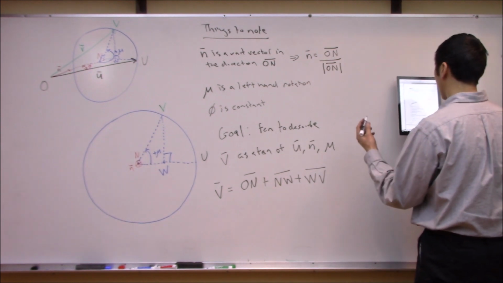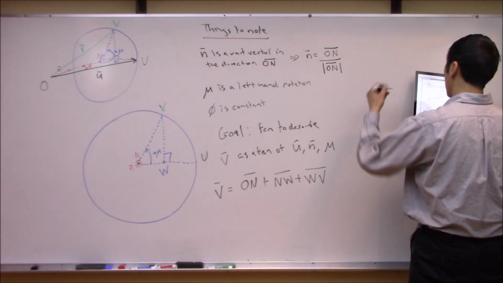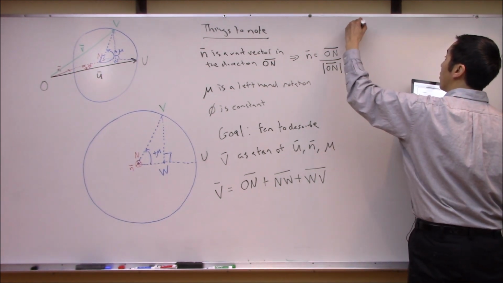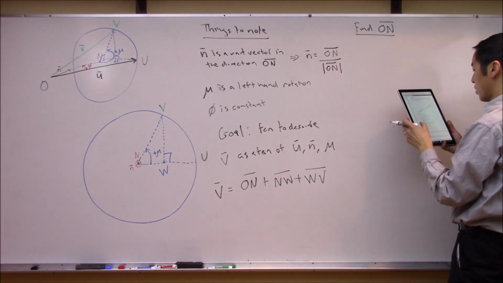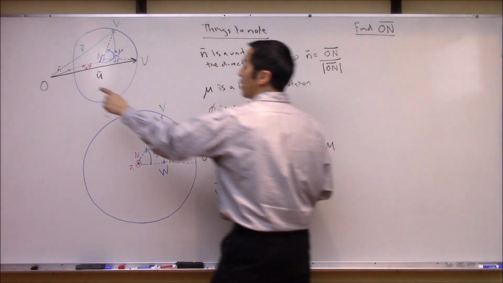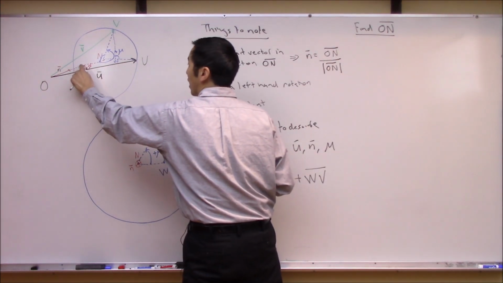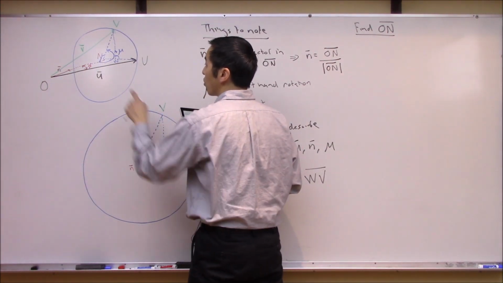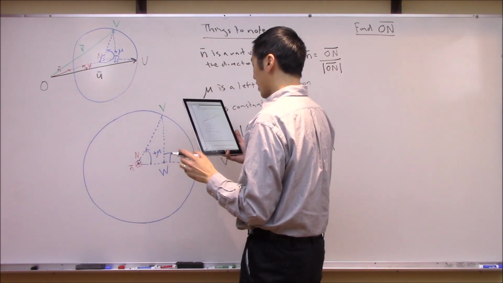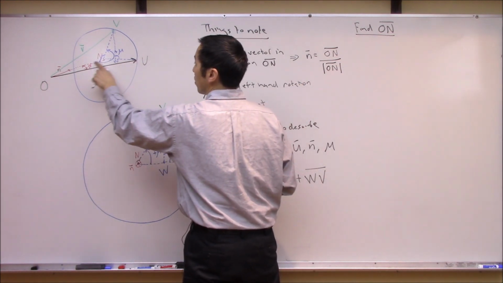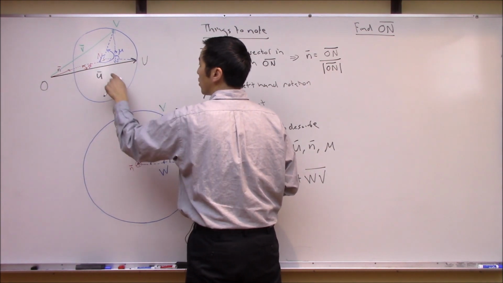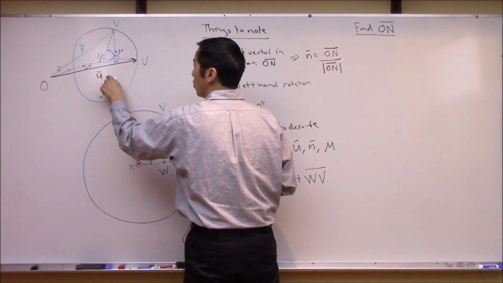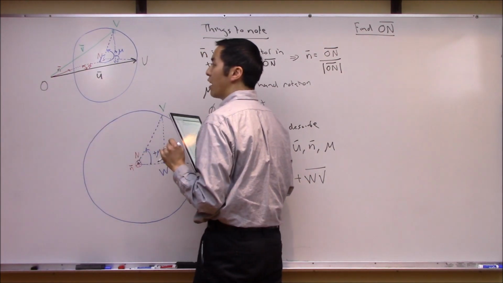Okay, let's start with each component here. Let's start with finding how to describe the vector ON. ON is this red dashed line that we saw. If you look at the geometry here, that's actually not that bad, because vector ON is just a projection of u onto the vector n bar.